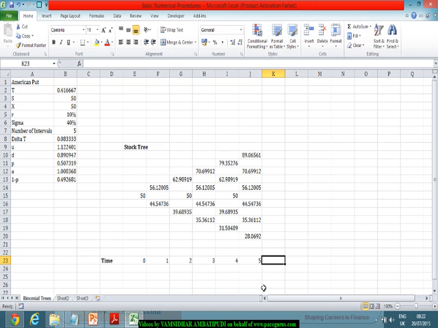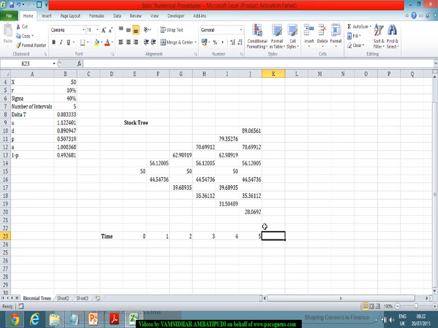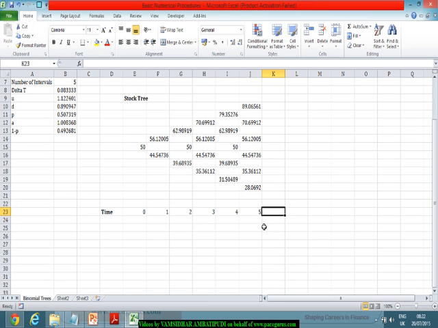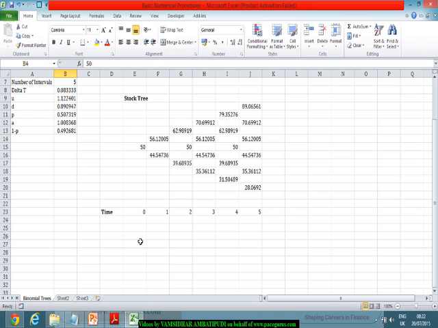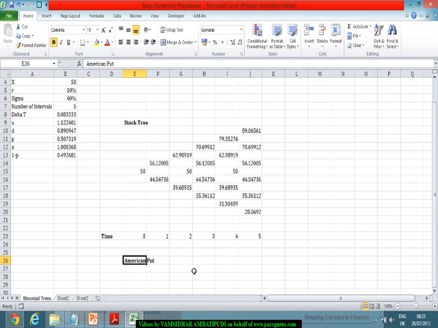So this is my first step. I compute the stock tree like this. And then we are talking about this being the strike price. So we'll create the option. Here we are talking of an American put. What we'll do is the same thing, or probably let me take this here so that we can demonstrate side by side.